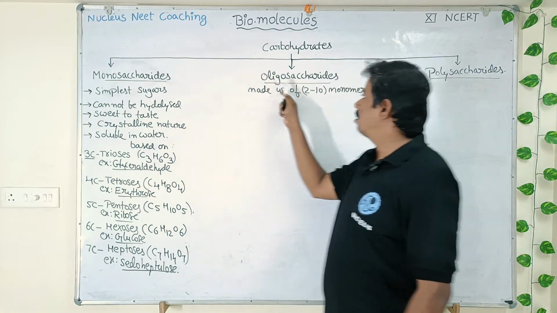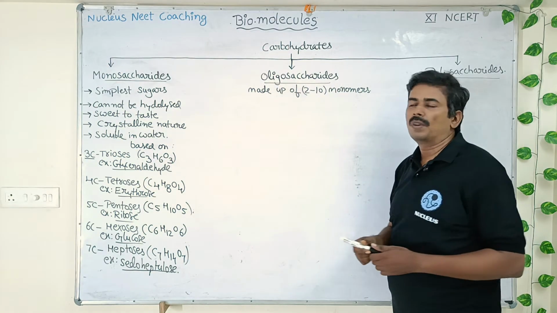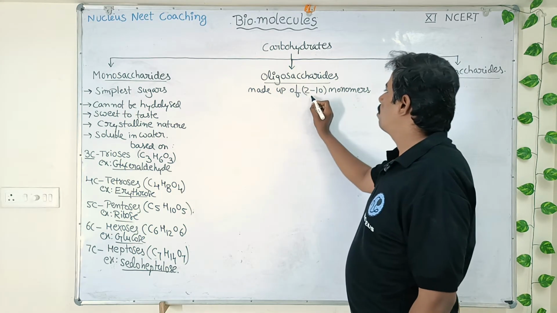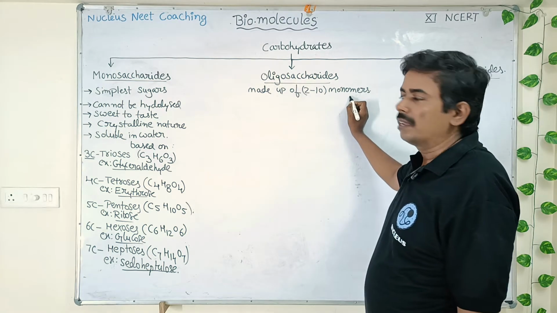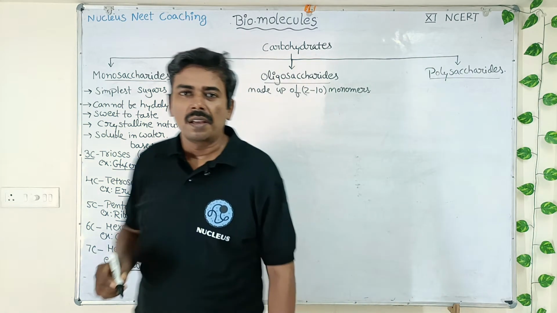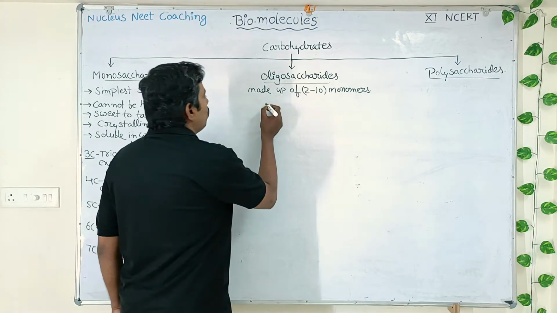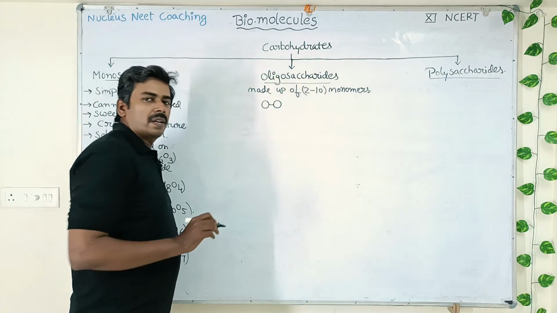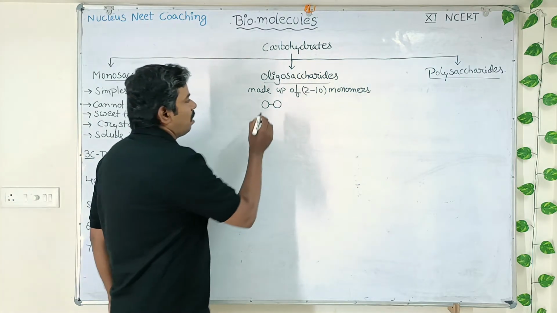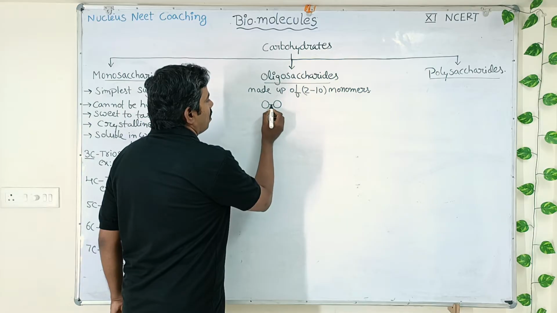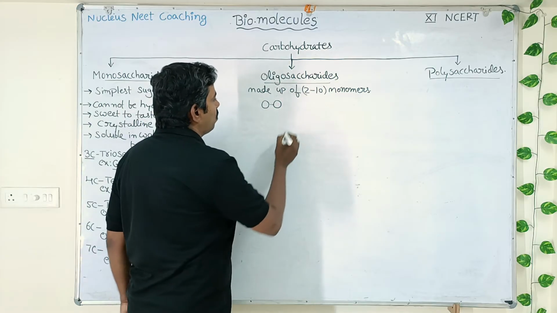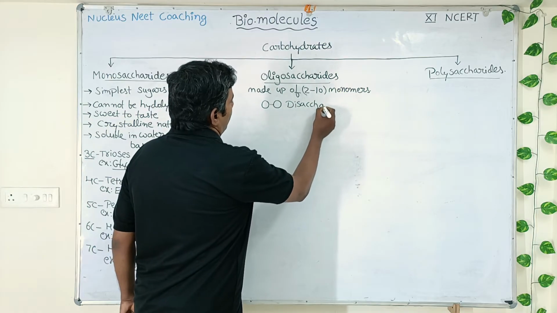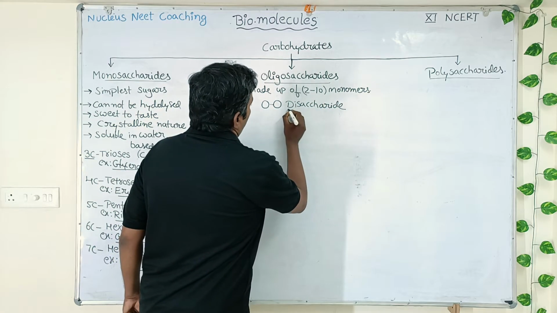Oligosaccharides are made up of few monosaccharides or monomers, about 2 to 10 monomers. Those carbohydrates which have 2 monosaccharides attached to each other, where each monosaccharide is called a monomer, give rise to the oligosaccharide called a disaccharide.